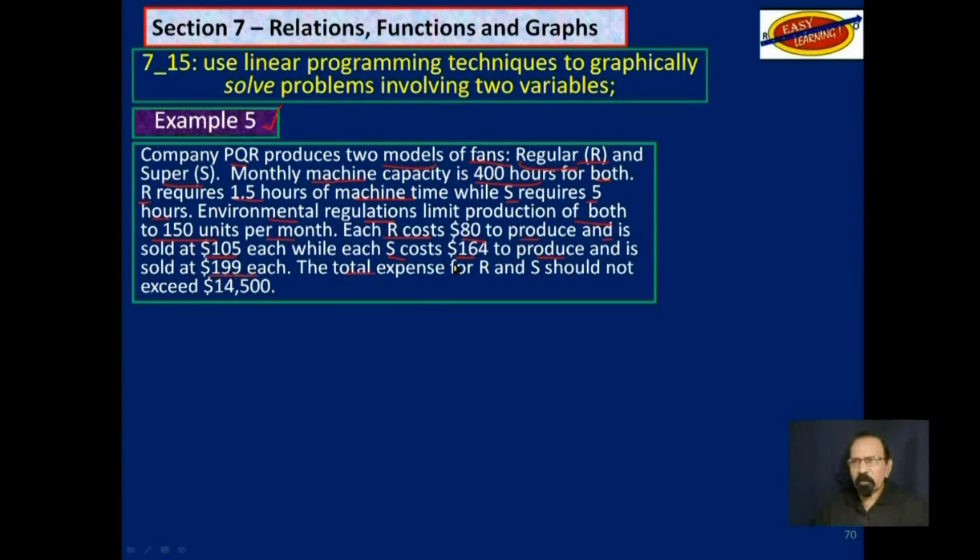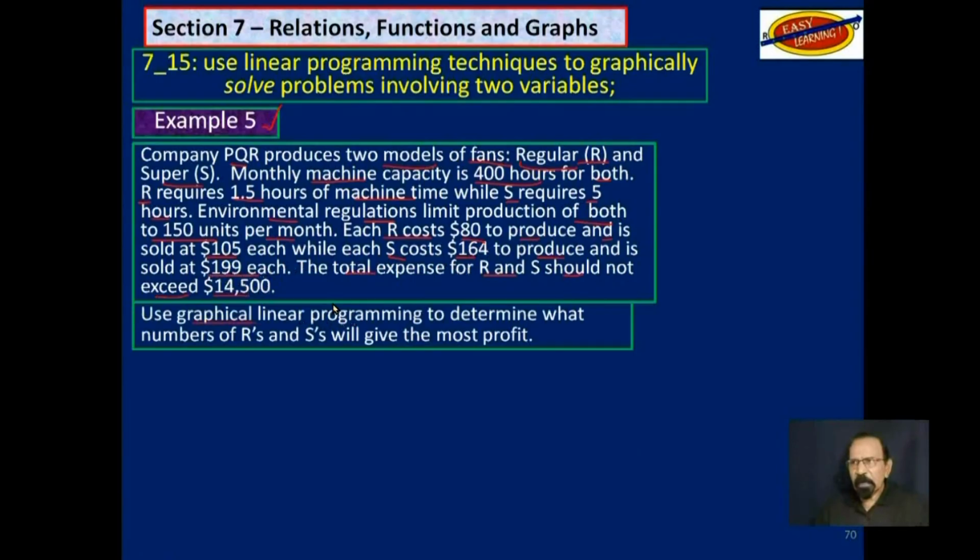The total expense for R and S should not exceed $14,500. Use graphical linear programming to determine what numbers of R and S will give the most profit.